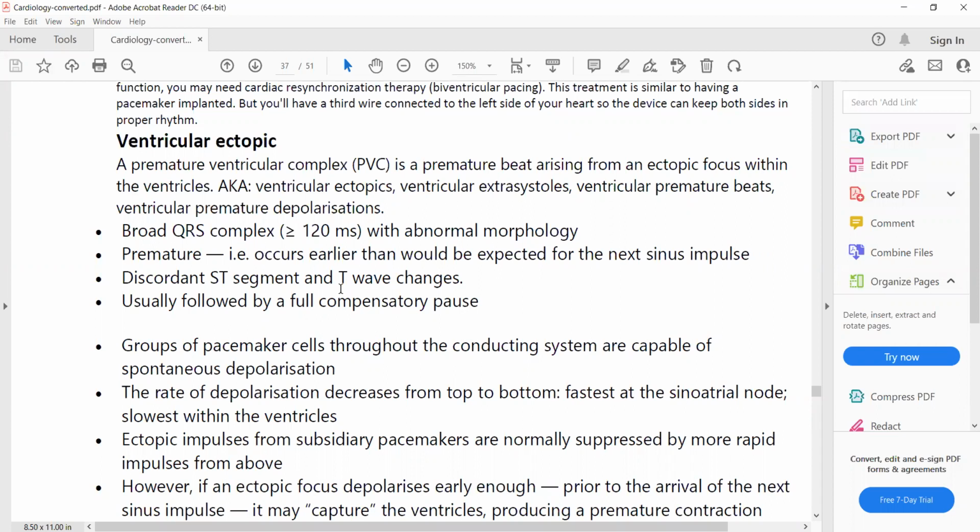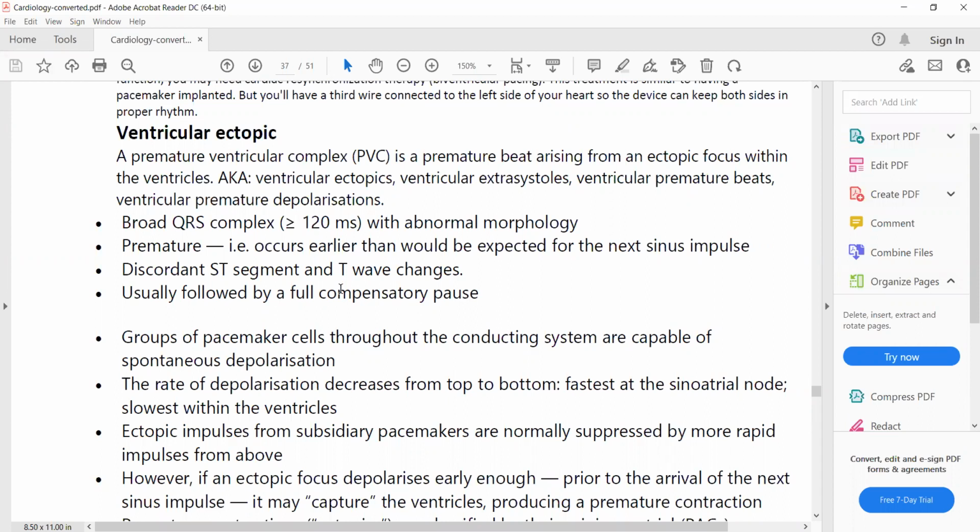Discordant ST segment and T wave changes means the ST segment and T wave changes will be opposite to the QRS complex. If the QRS complex is downward, then ST segment and T wave will be upward. Similarly, if the QRS complex is upward, then the ST segment and T wave will be downward.